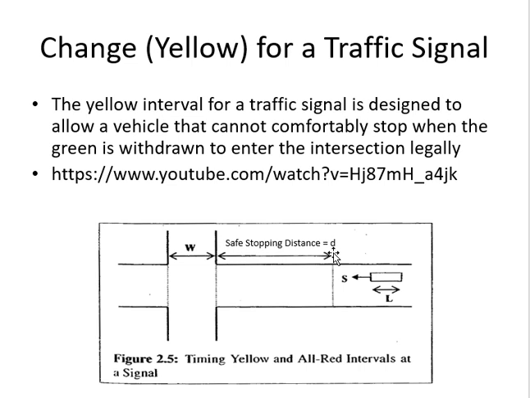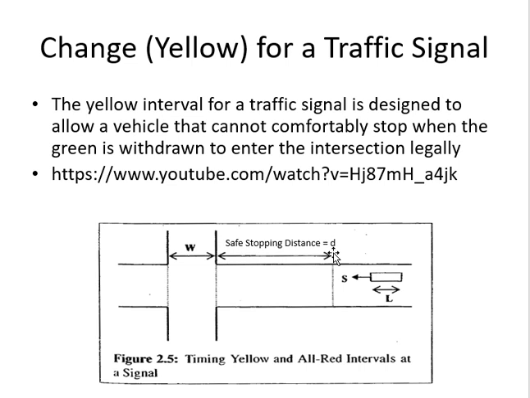So we want the yellow to be exactly for a driver who is at the D distance. So he has exactly distance between him and the stop line equal to the stopping distance he needs. So this driver, he will reach the stop line while looking at the signal as yellow. And most of the time, obviously, he will cross. And even if he decides to stop, it's enough.